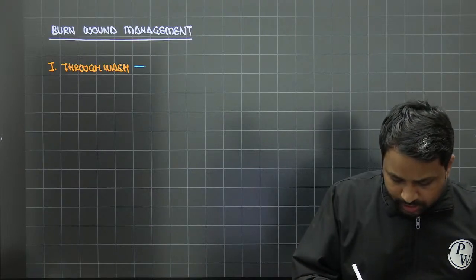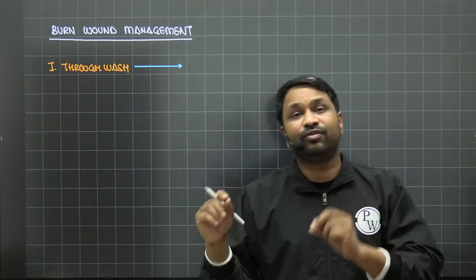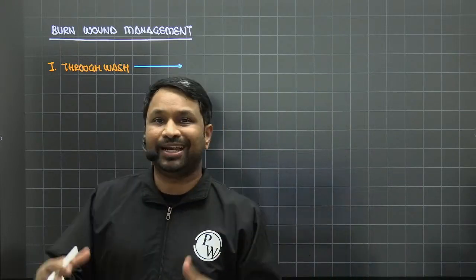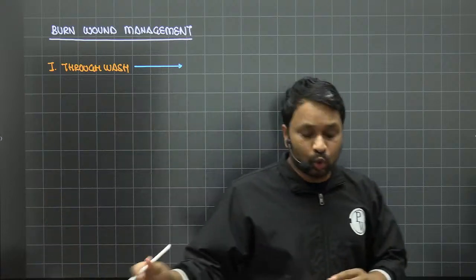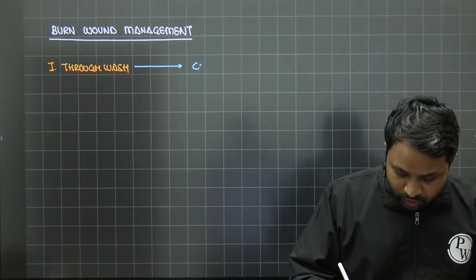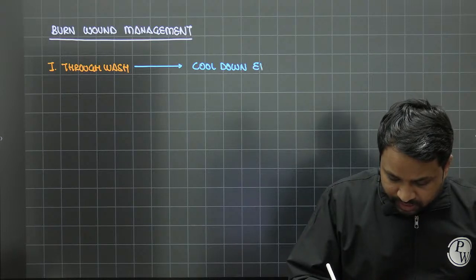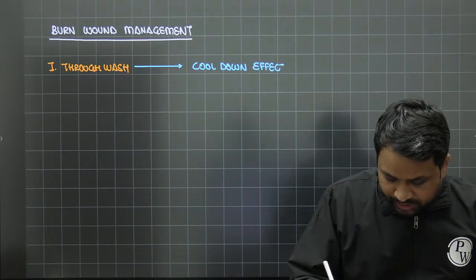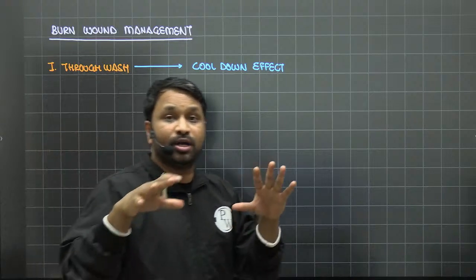Number one, what is the objective of giving a wash? It is not to make it clean, it is not to make it sterile. It is basically to let it cool down. So the objective of the wash is to provide a cool down effect. You don't want the heat to dissipate into deeper tissues, right?